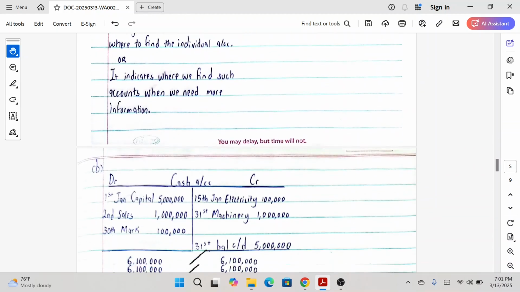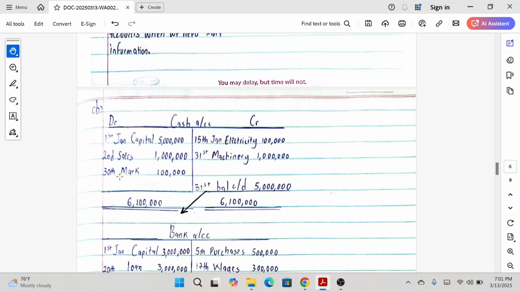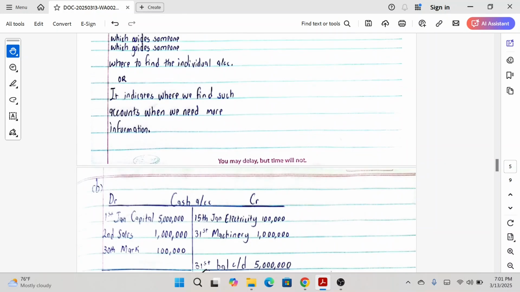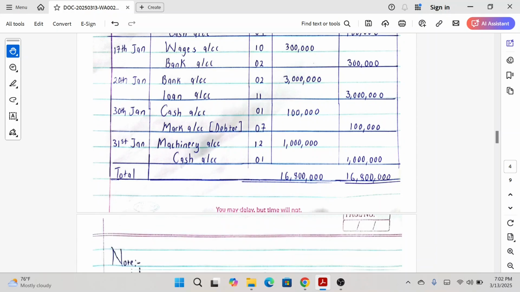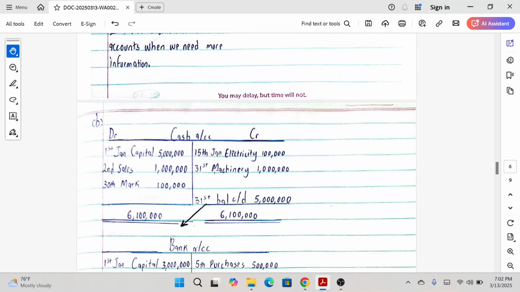So we go on the debit side, 30th, we put there Mark of 100,000. Then we see if we have any other one. We have finished electricity, we have finished Mark, the debtor, on the debit side. Then we see another one here. So on the credit side of the cash account, you're going to put there 1 million, but the money is going to machinery. You go to the credit side, 31st, machinery of 1 million.